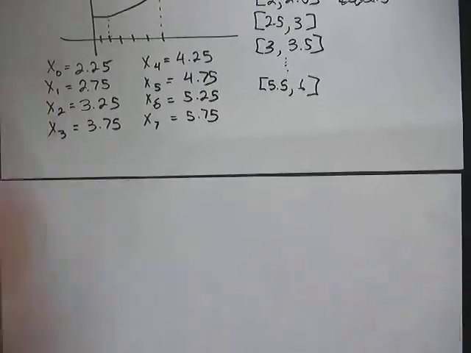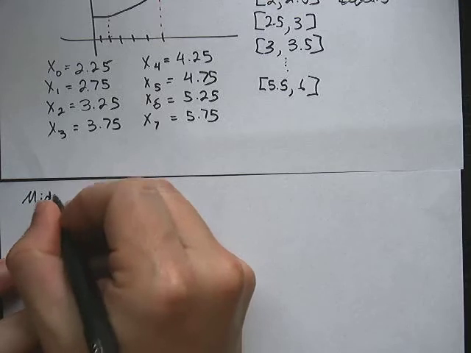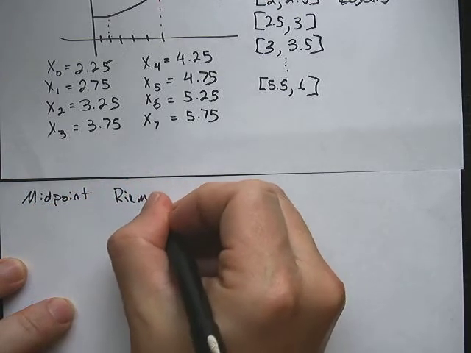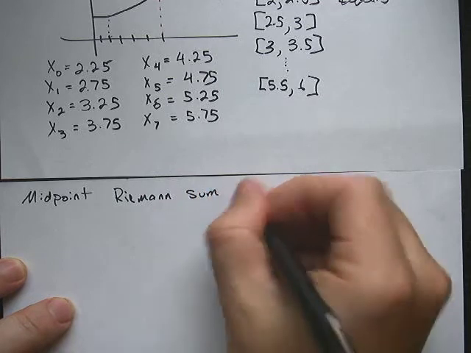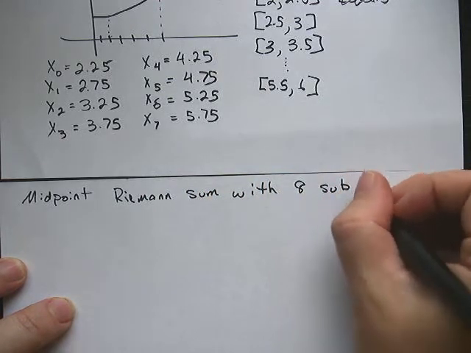Okay, so here's our midpoint Riemann sum with 8 subintervals.